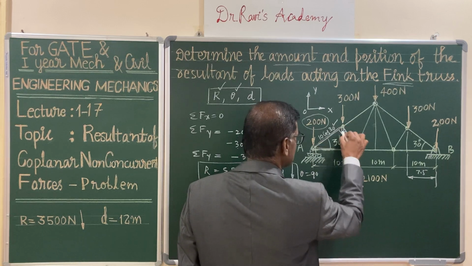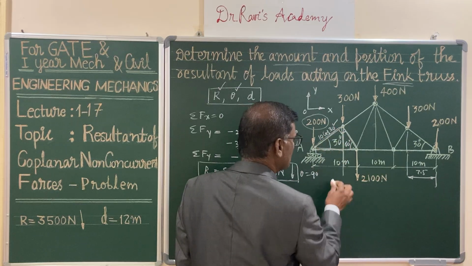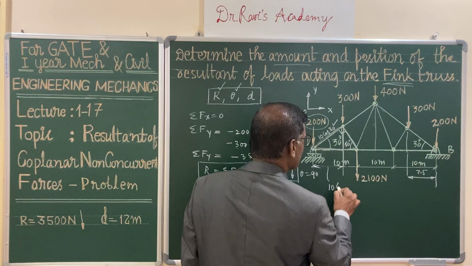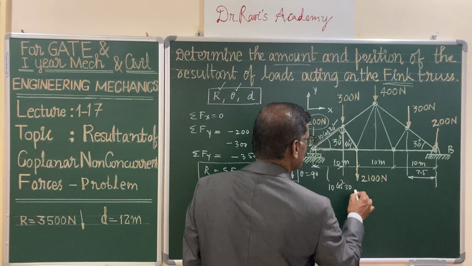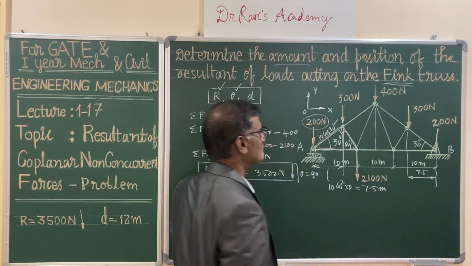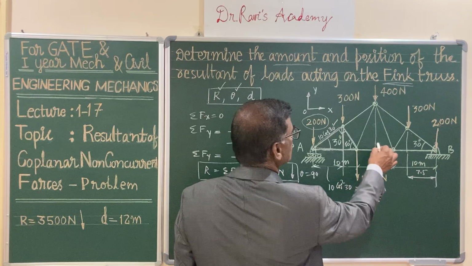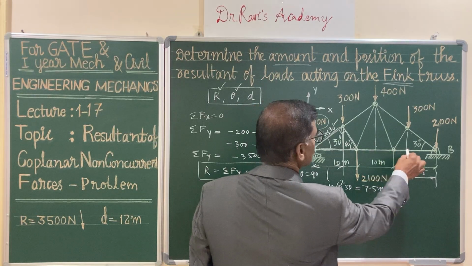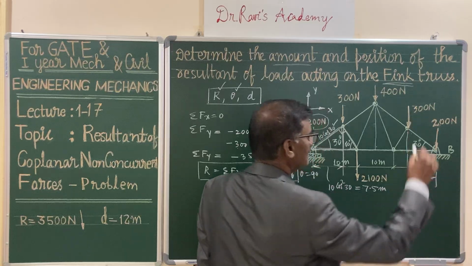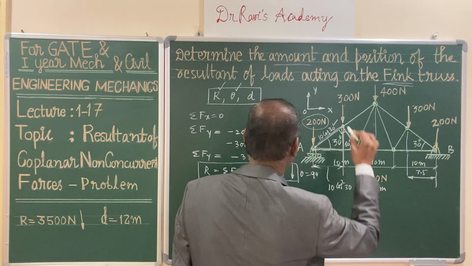So from this right triangle, this itself is the hypotenuse. The projection of this on this, this length, is 10 cos square 30, and 10 cos square 30 is nothing but 7.5 meters. Now you know the moment arms of all the forces. It is 7.5. This is the midpoint, 15, and this is 30 minus 7.5, that is 22.5, and lastly it is 30 meters. And of course 2100 newtons is at 10 meters.